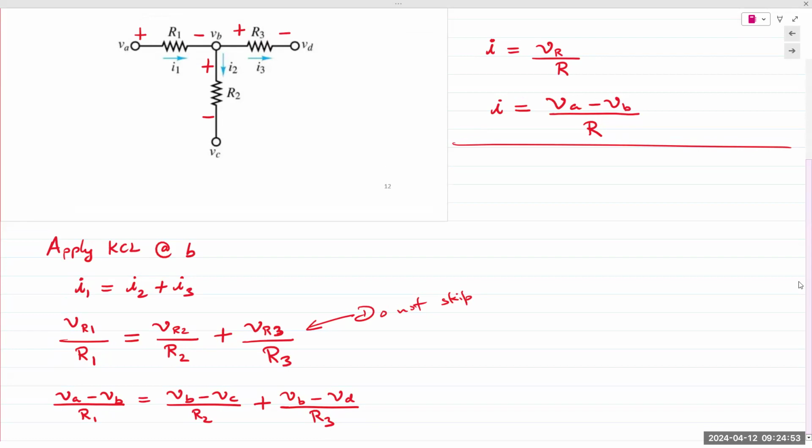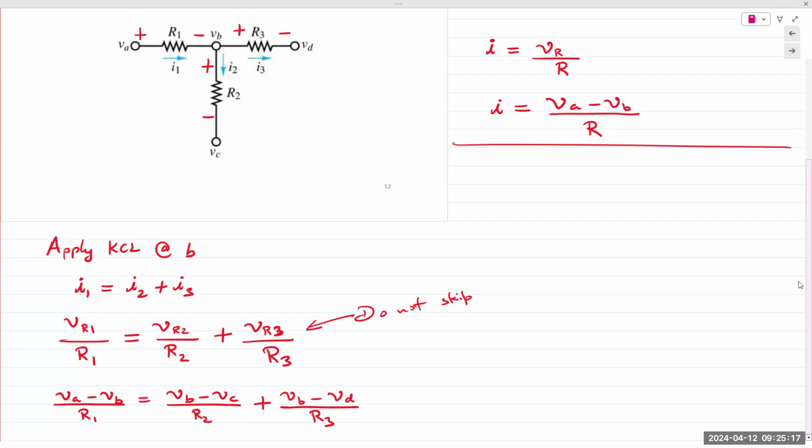Does it make sense? Right now I'm going slow, so it probably makes sense, but when you do this for homework problems and the quiz and the exam, you need to do the same thing. Take it slow. Don't skip steps. This is just 3 steps. Write out the KCL expression, then apply Ohm's law, and then express each resistor voltage in terms of the node voltages. And then your answer would turn out to be correct.